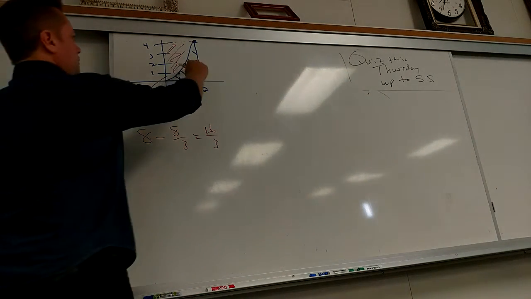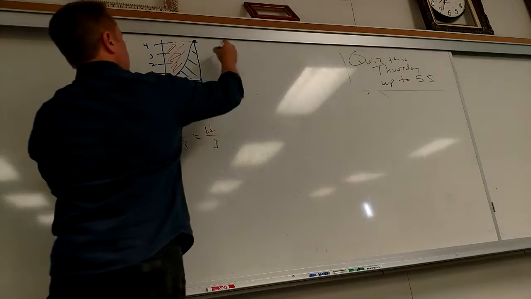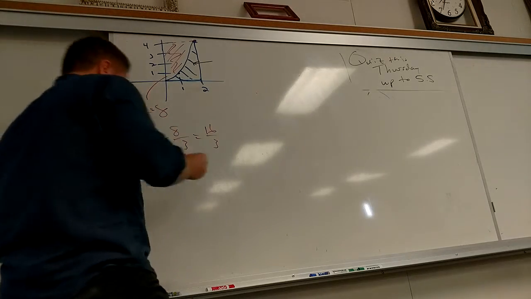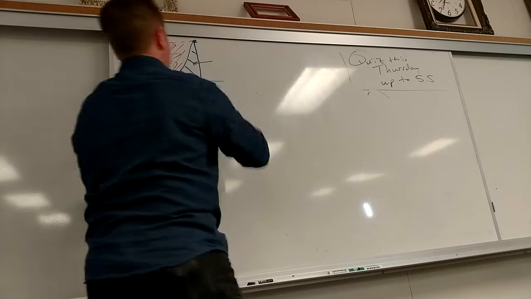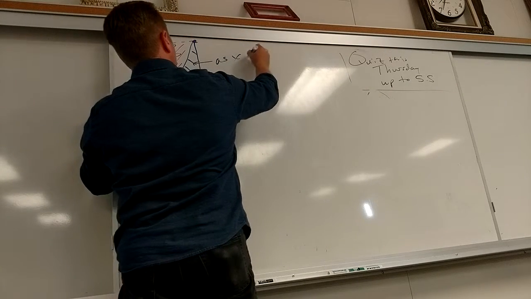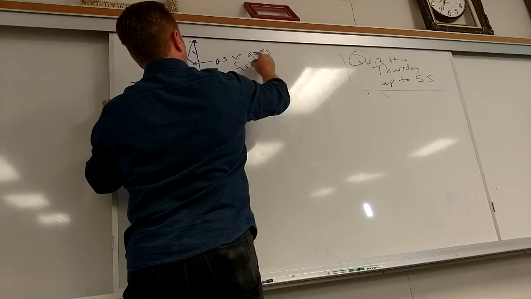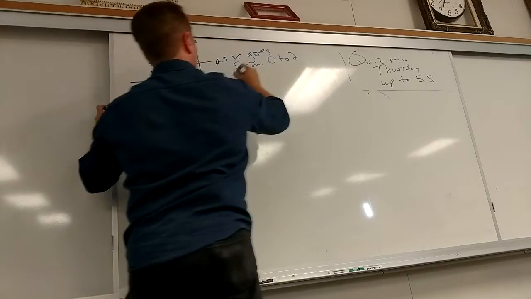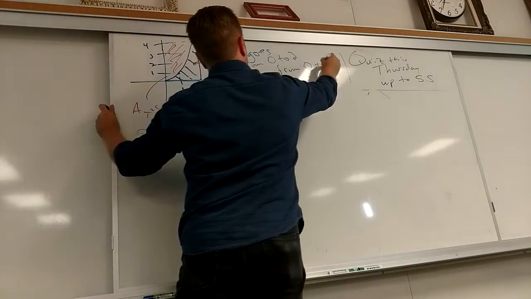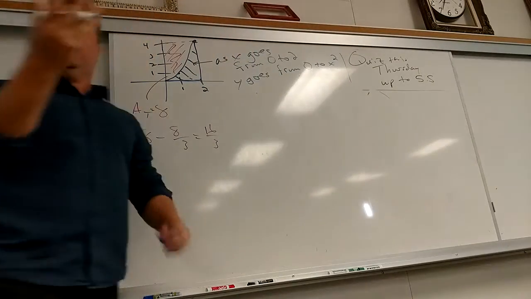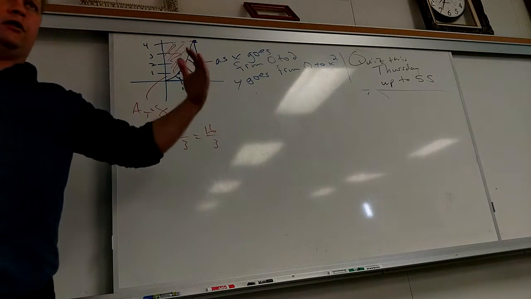So to describe this region, I can say the blue region, let me do this in blue, that'll make more sense. The blue region, as x goes from 0 to 2, y goes from 0 to x squared. So that's what I said earlier, but I want to really write that all out.